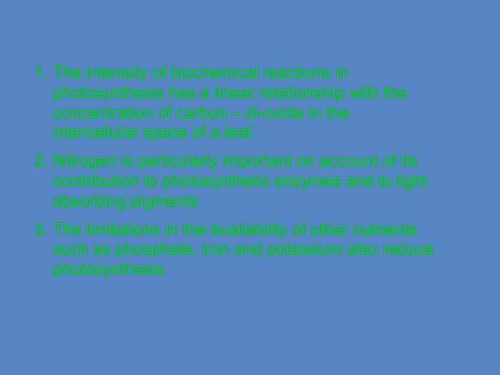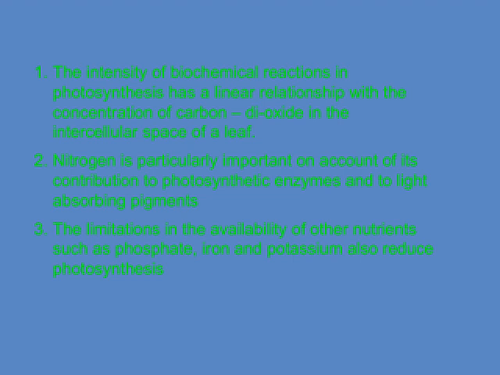Now, an important element here is nitrogen. Nitrogen plays a crucial role because it contributes to the formation of key photosynthetic enzymes and light-absorbing pigments. Without enough nitrogen, the plant's ability to carry out photosynthesis efficiently can be significantly hampered. Additionally, it's not just about carbon dioxide and nitrogen.